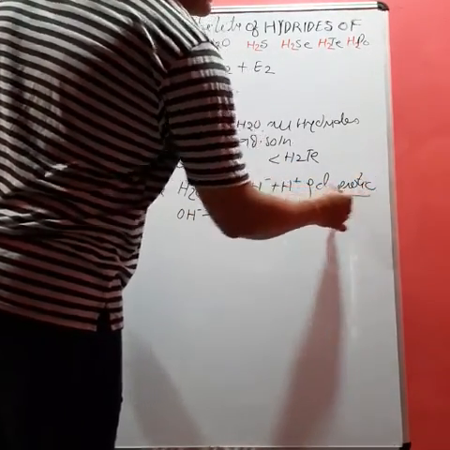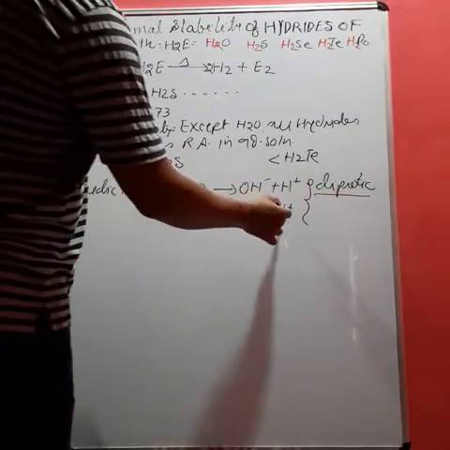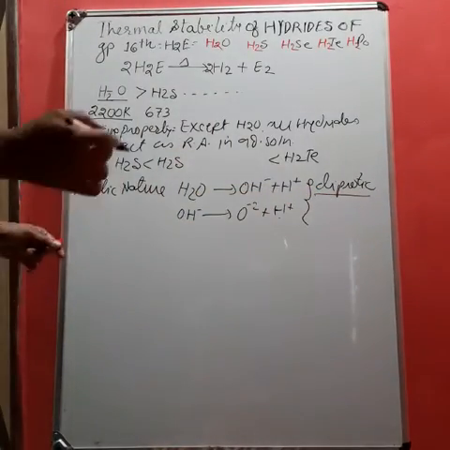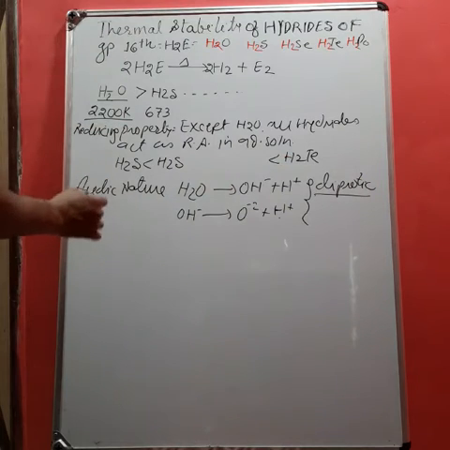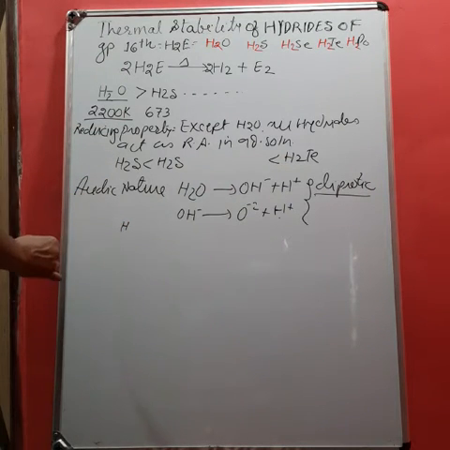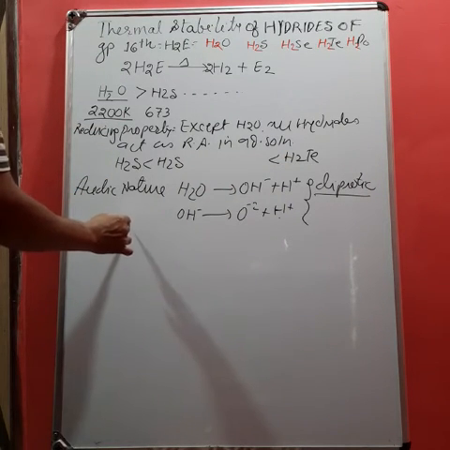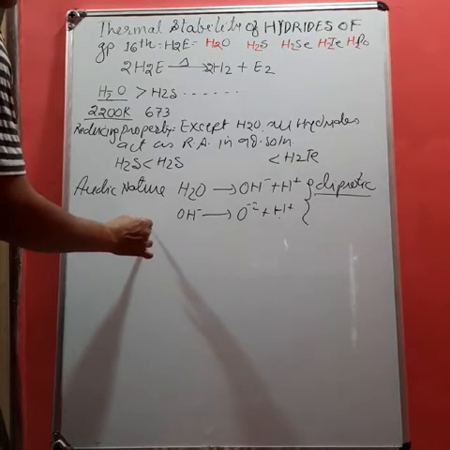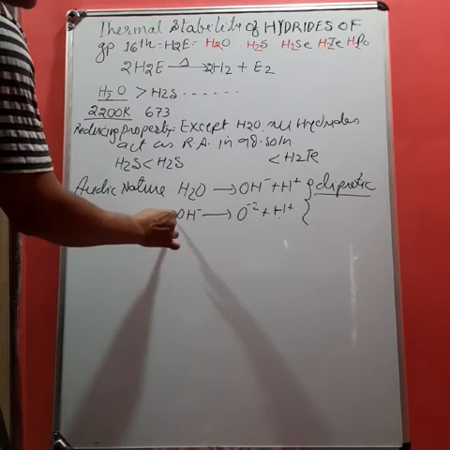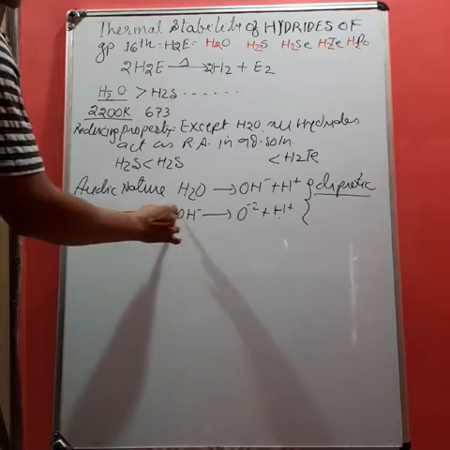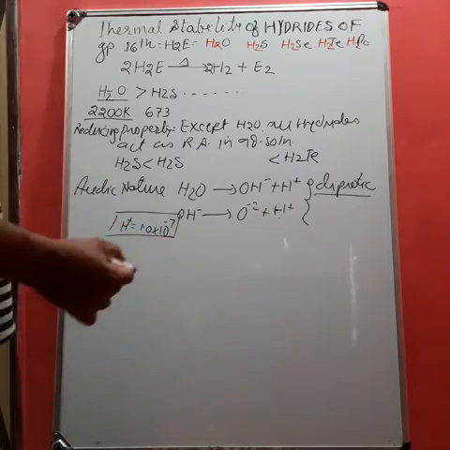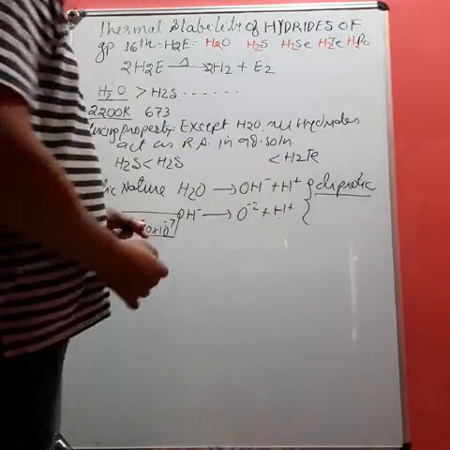Diprotic means the tendency to give two H cations, isn't it? But student, experimentally we know that 1 mole of water forms only 1.0 into 10 to the power minus 7 mole of H cation. This is its dissociation constant. That is, a very small amount of hydrogen cation is obtained.